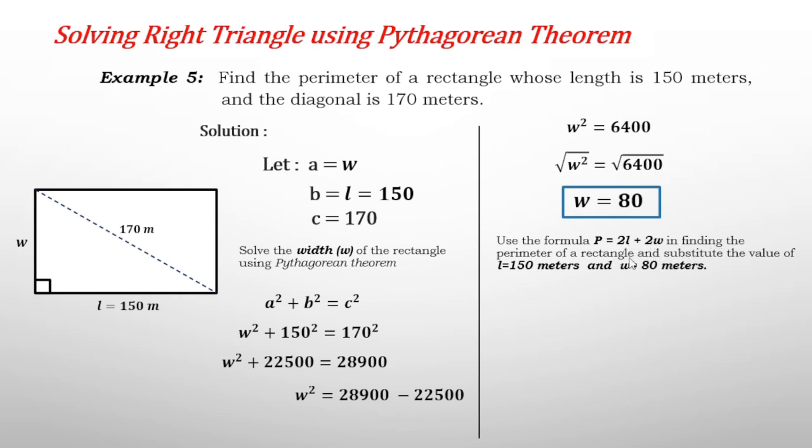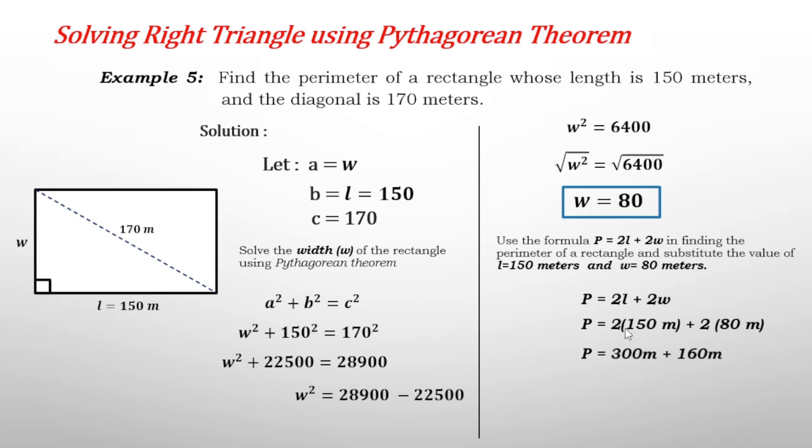And substitute now the value of the length, which is 150 meters, and the width, which is 80 meters, in the formula. So 2L becomes 2 times 150 meters plus 2W. 2W becomes 2 times 80 meters.